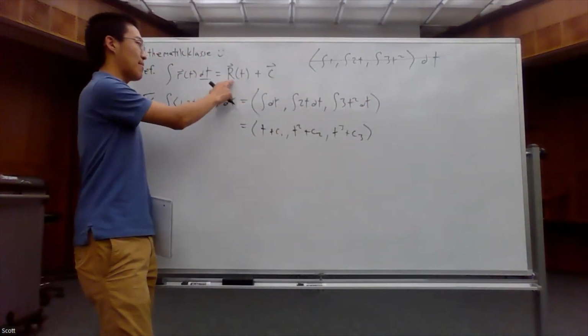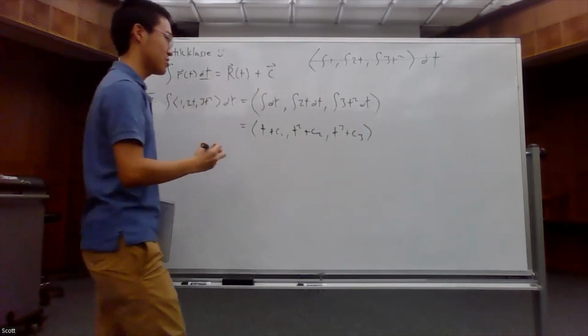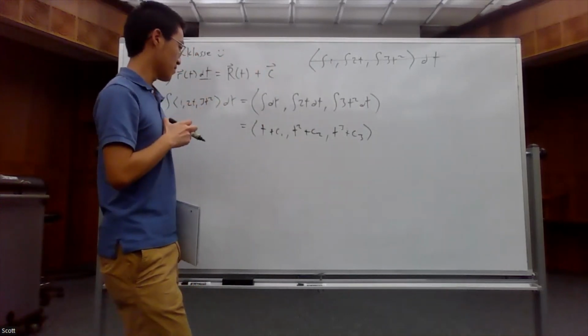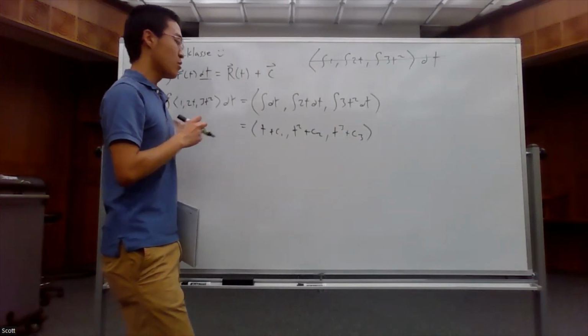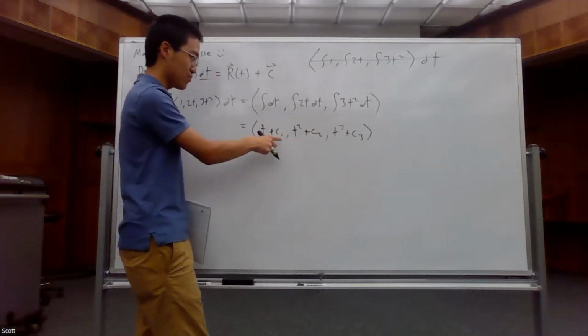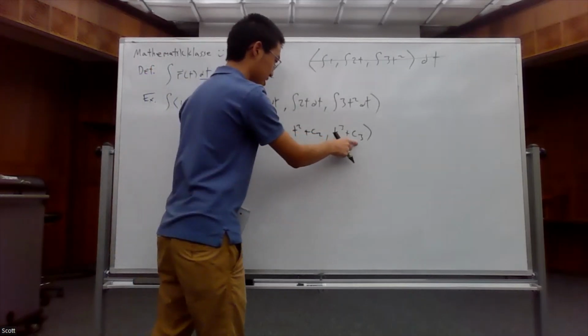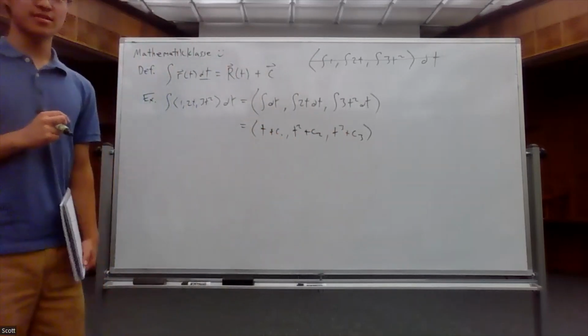Generally, conventionally, the capital version of the lowercase letter is the antiderivative. It's a convention that's going to be used for differential equations as well. These are arbitrary constants, and they're all different from each other. So I can't just put the same plus c, plus c, plus c, because they don't have to be the same. They can all be different arbitrary constants.